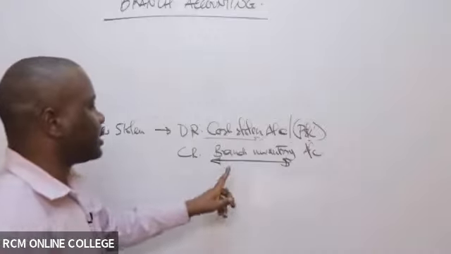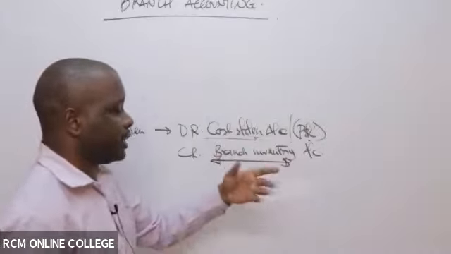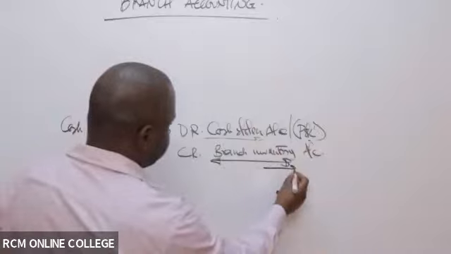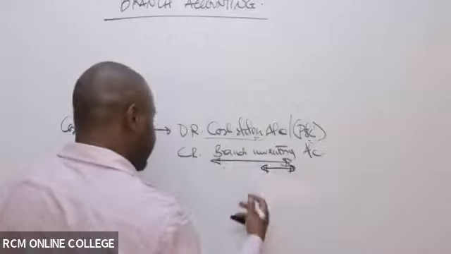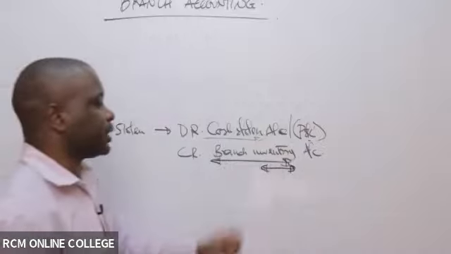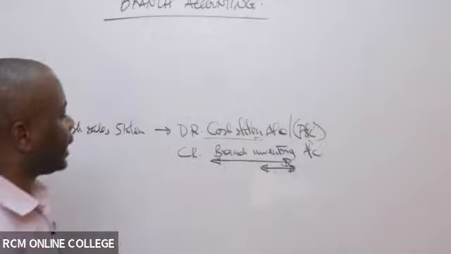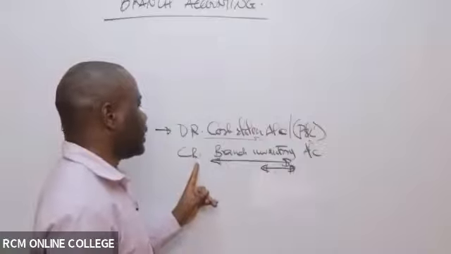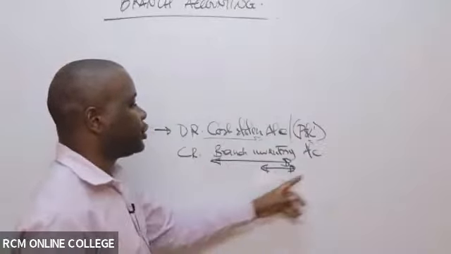So it will affect the branch inventory, because they would have been able to sell it. They actually sold it, but they lost the money. It's like they lost that inventory because they didn't realize the money from the inventory that went out as a sale. So it will reduce the branch inventory account.